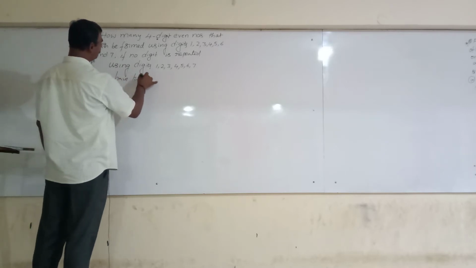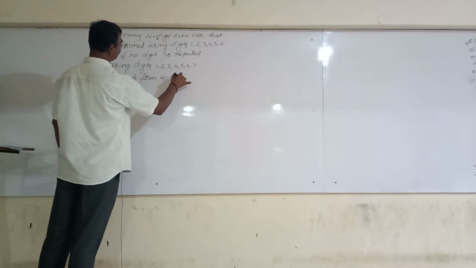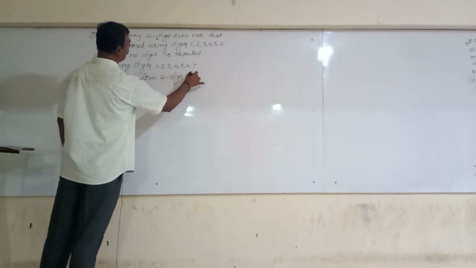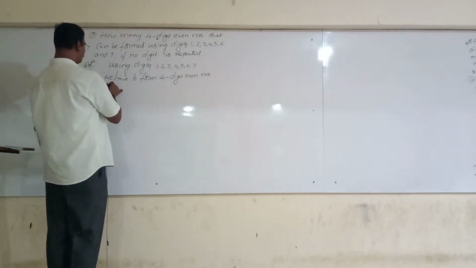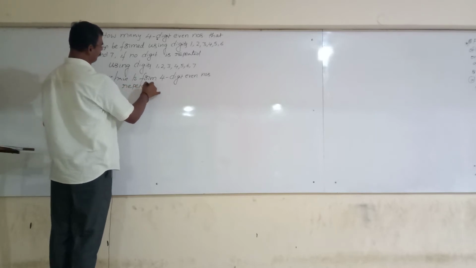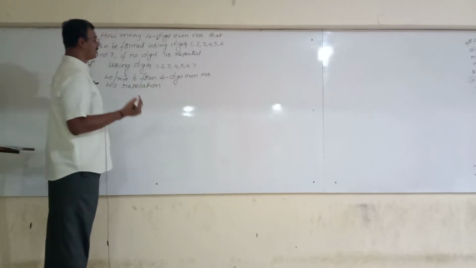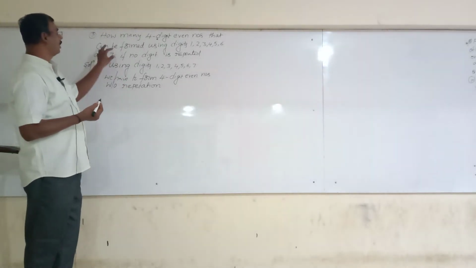We have to form 4-digit even numbers without repetition. This is our aim, our goal.